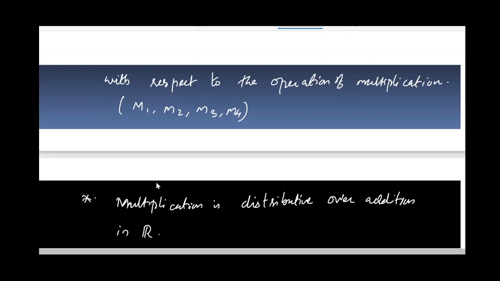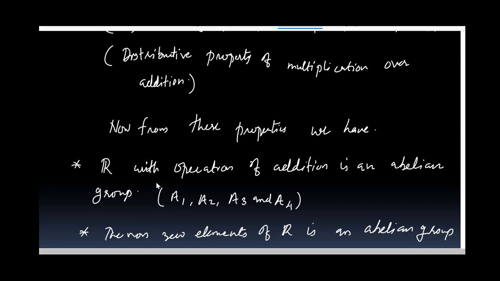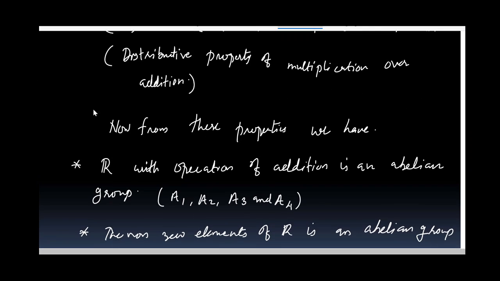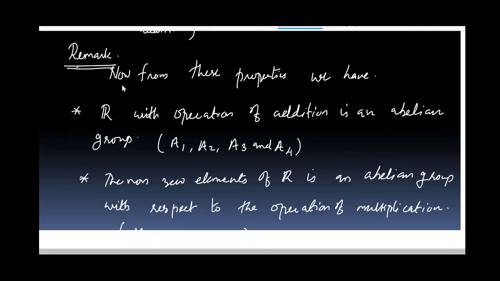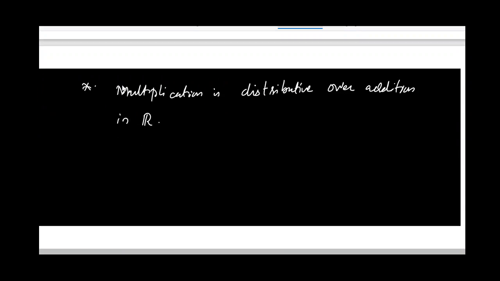So you can have this as a remark. So we have 9 conditions. These 9 conditions together we will call the field axioms.